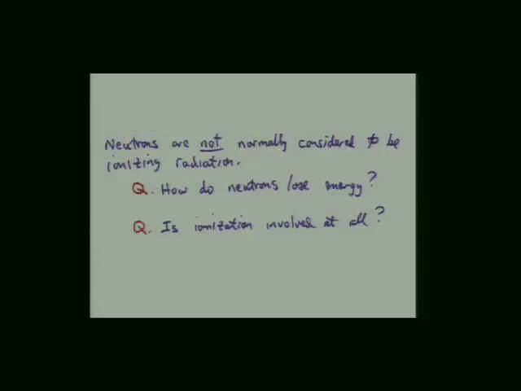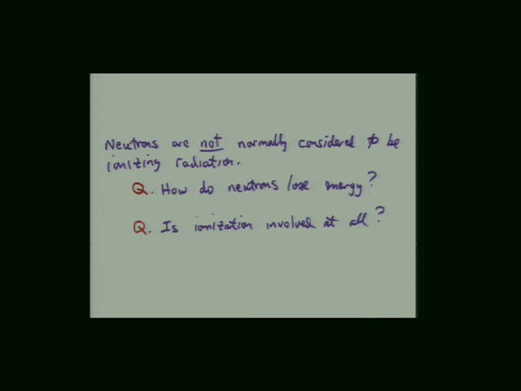Okay, so let's get back to the question earlier about neutrons. We were asking about what is ionizing radiation. And the question is, are neutrons a form of ionizing radiation? So let's discuss that. Do neutrons produce ionization directly? I see head shaking no. No, they don't.